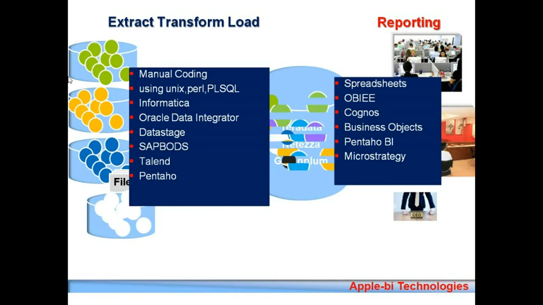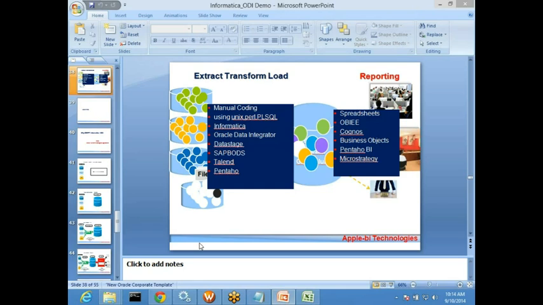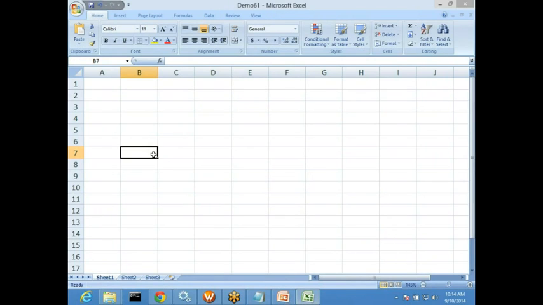tools come in. The top tools are Informatica and ODI. ODI works in a different style. And SAP BODS. For every company, there are different tools. If you take Informatica, Informatica is an organization name.